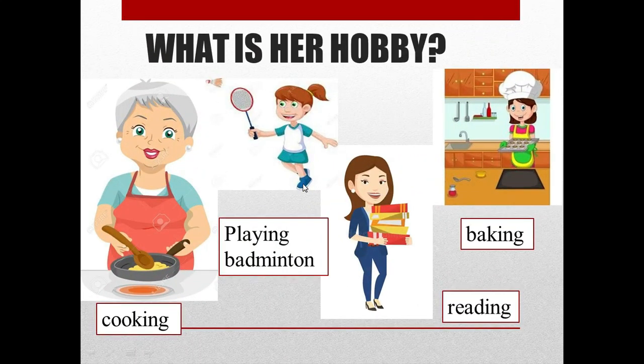The next point you can discuss is her hobby. A hobby is something you do when you are free. So she loves cooking and cooking many new dishes, or her hobby is playing badminton, reading books, or baking. Whenever you are writing any point, you can also elaborate it.